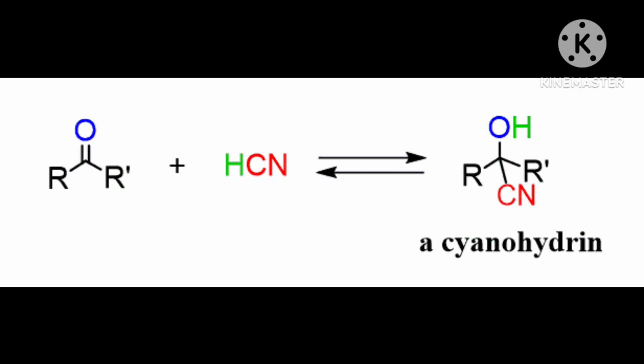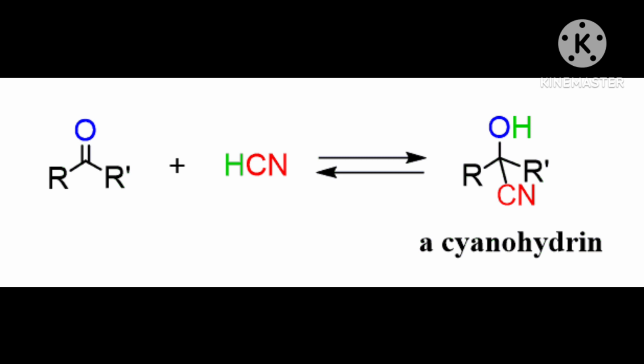The position of the equilibrium lies in step 1. When the carbonyl group joins with NaHSO3, carbonyl compound plus NaHSO3 gives the tetrahedral intermediate, and that step is reversible.